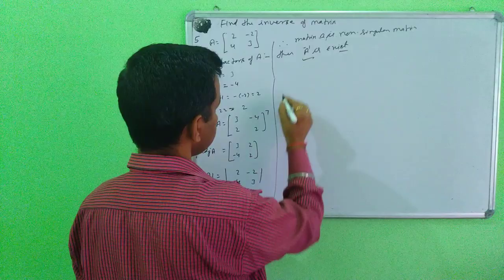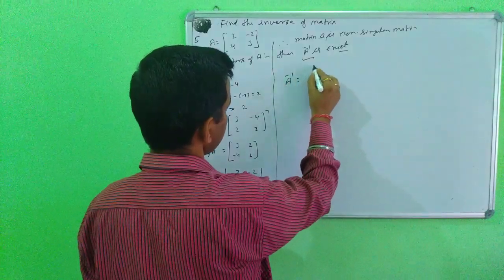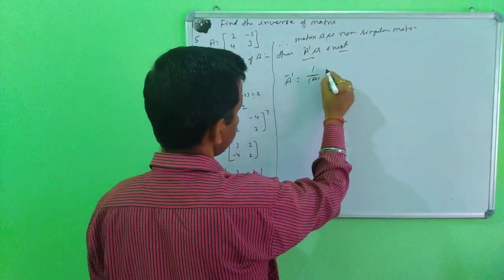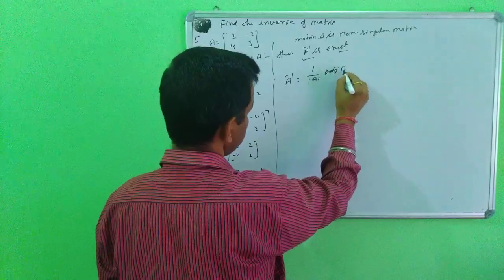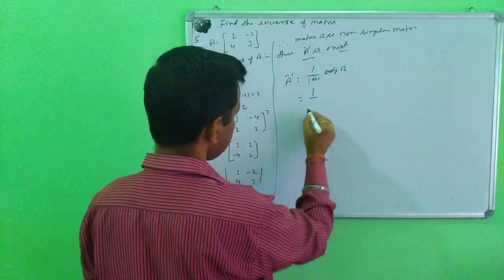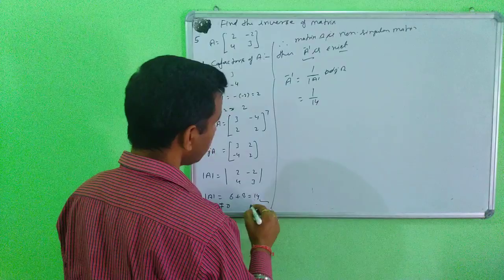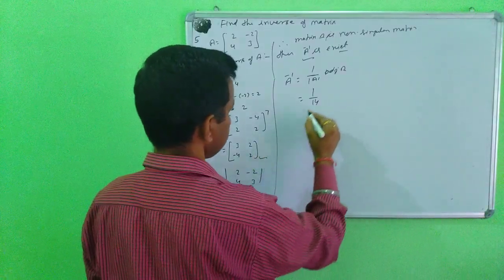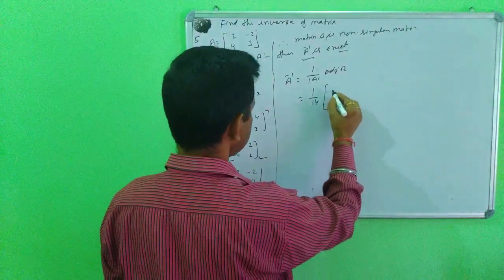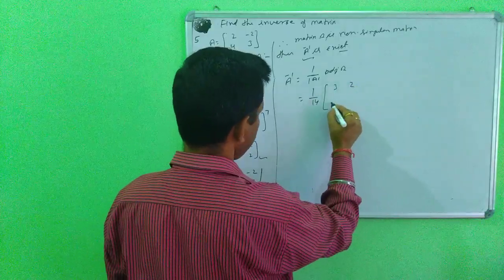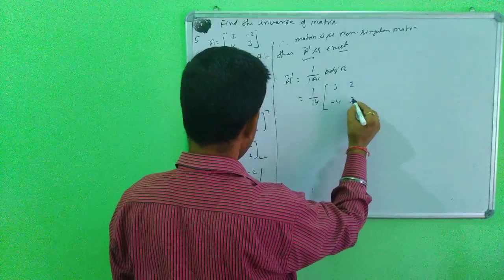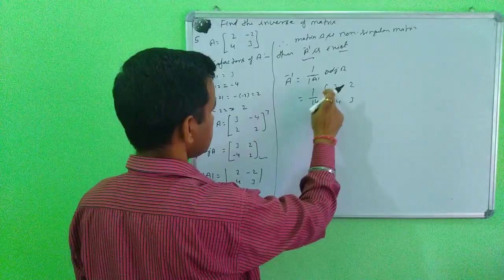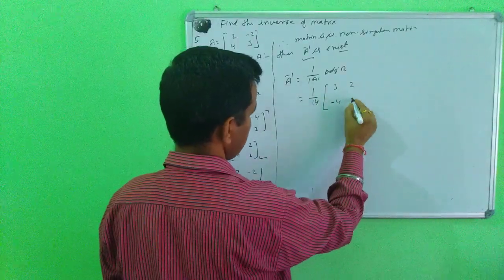We just note that A inverse is equal to 1 upon determinant of A times adjoint of A. This is equal to 1 by 14, the value of the determinant is 14 here, and the value of the adjoint is this A. That means you will multiply here 3, 2, minus 4, 3. Adjoint of A is 3, 2, minus 4, 3, multiplied by 1 upon 14.